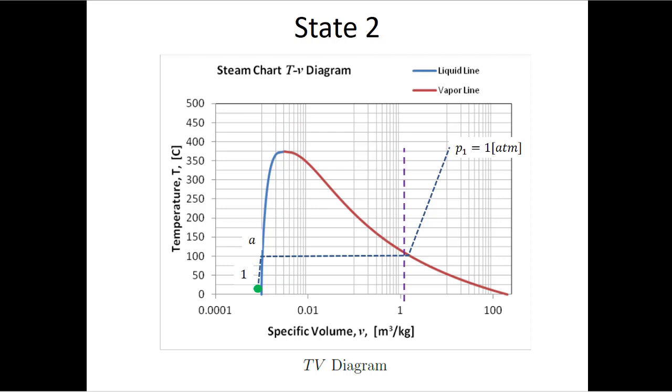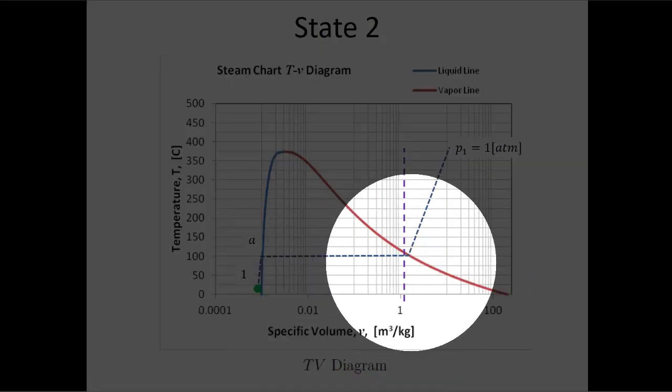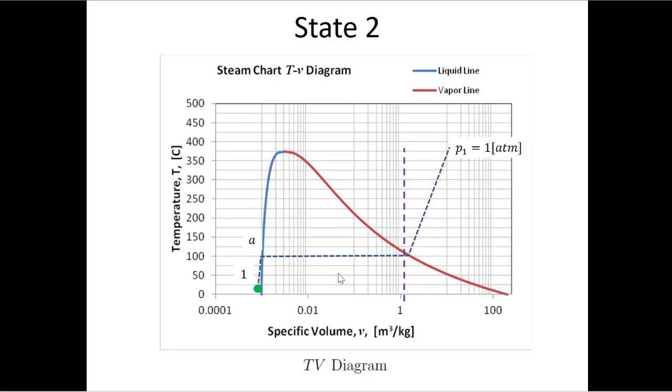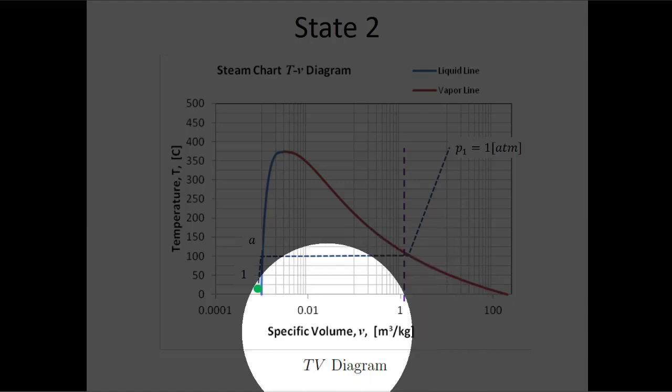State 2, we know that it's at the same pressure because as we go from state 1 to state 2, it's the constant pressure process. But I'm not sure. I've drawn this purple line, and I guess I cheated because I know where it goes, but I don't know exactly where to draw this purple line. But this is a temperature versus specific volume graph.